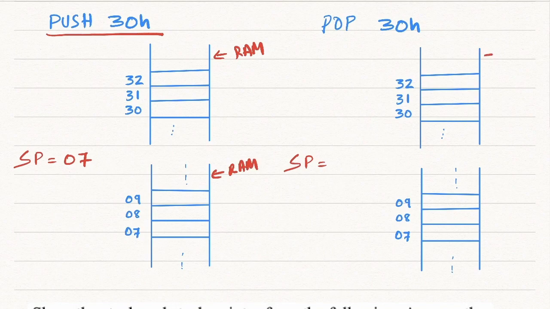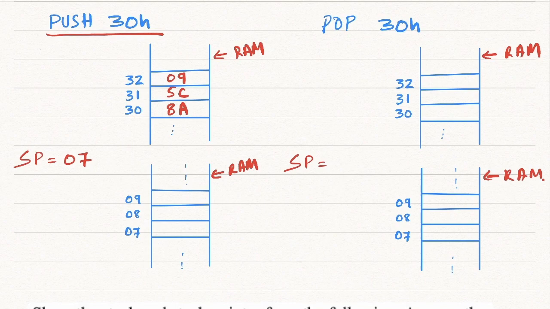Remember that, so I won't be repeating it again and again. Everything is RAM. Now, when I say push 30, there is some value. Let us assume that the value at 30H is 8AH, 31H contains 5C, and 32H contains 09. These are random values in memory locations 30, 31 and 32H.